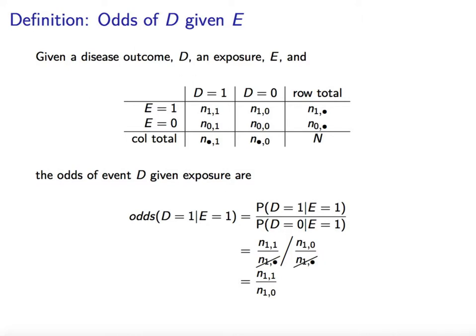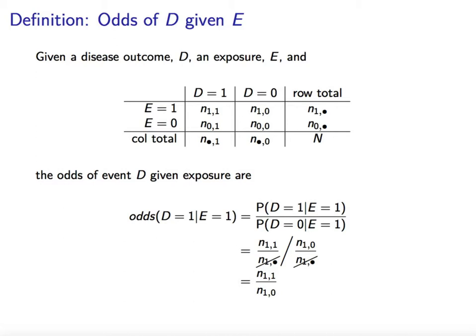If the odds of D given E are equal to 1/2, then the opposite would be true. Given that the individual is exposed to E, the probability of developing disease D is half as much as not getting the disease. Or in other words, given that an individual is exposed to E, the probability of not developing D is twice as high as the probability that they do get the disease.